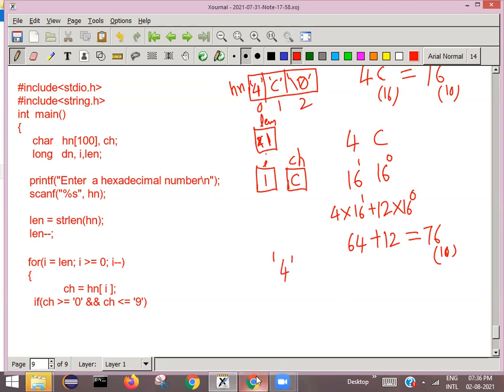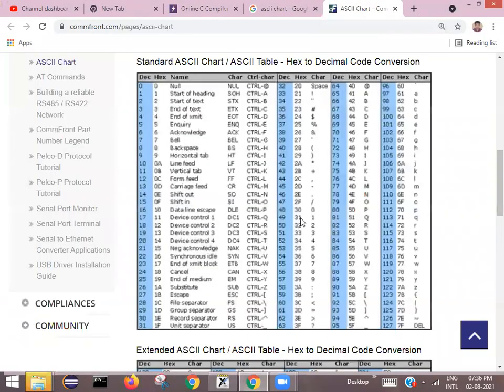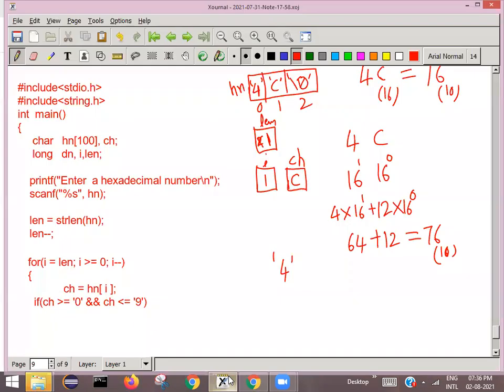Character 4 means what is its ASCII value? Just see the ASCII chart. 4's ASCII value is 52. 0's ASCII value is 48. So 4's ASCII value is 52, which means internally it will be stored as 52.